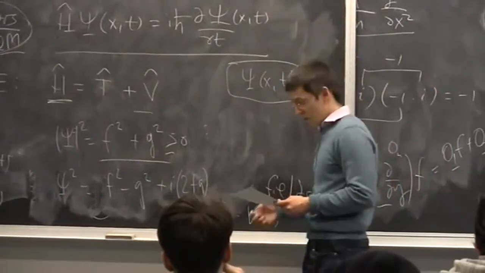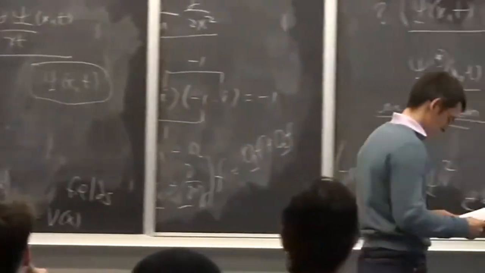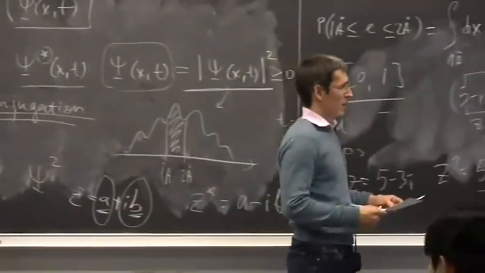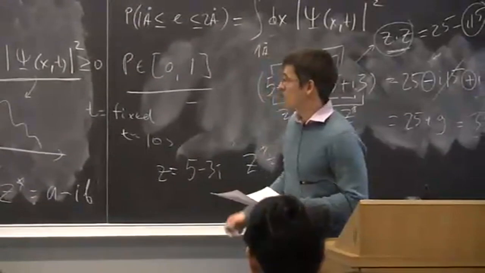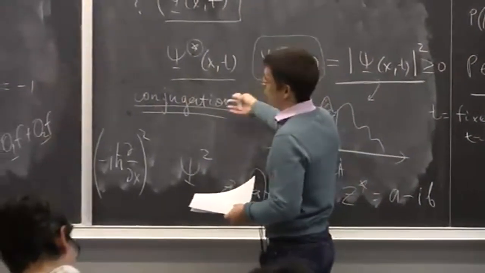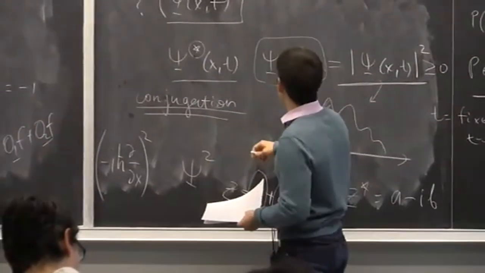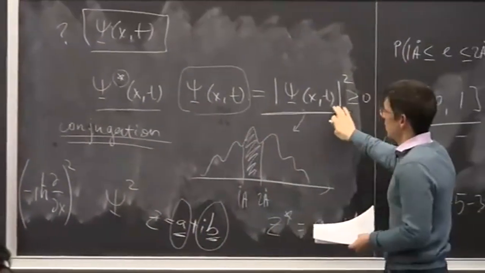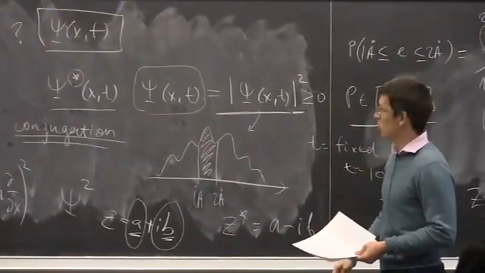Okay, so that's why, for having the right math for the physics, or chemistry, that we eventually want to extract from the solution of the Schrödinger equation, this quantity is the one that is meaningful.